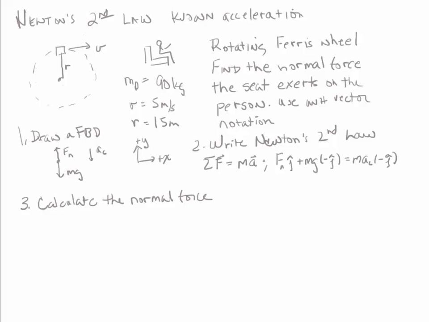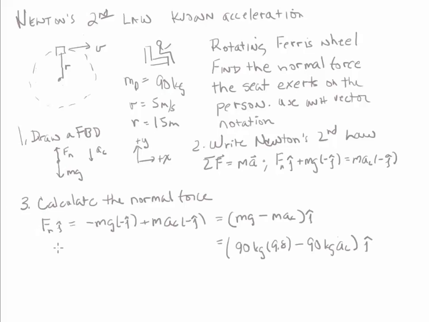Okay, go ahead and calculate the normal force based on Newton's second law. And here we have our normal force. Fn is of course in the j direction. We can solve for it based on this equation right here.